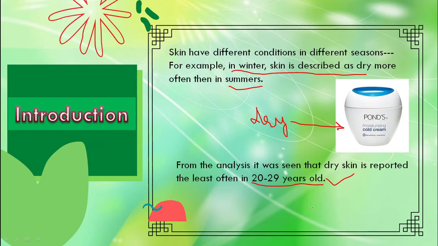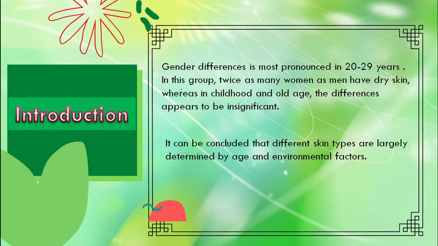The next factor is gender differences. Gender differences are most pronounced in 20 to 29 year olds, and in this group twice as many women as men have dry skin, because in men sebum production is double that of women, so male skin is oilier and shinier than women's.